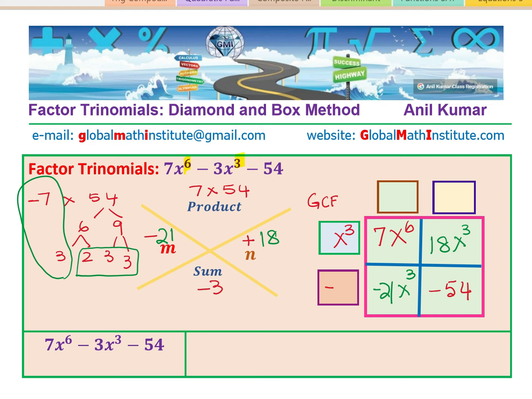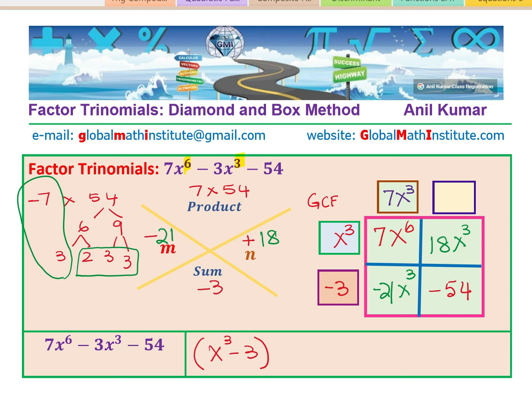So we get minus 3 as our factor. We take out minus, since we want to keep the x coefficients positive, right? So we get our first factor, which is x cube minus 3. Makes sense? Now let's look into the second, which comes from the column: 7x to the power of 6 minus 21x cube. So 7 is common and x cube is common.